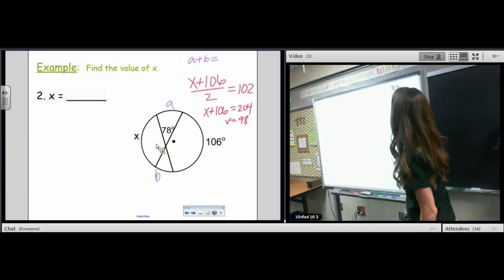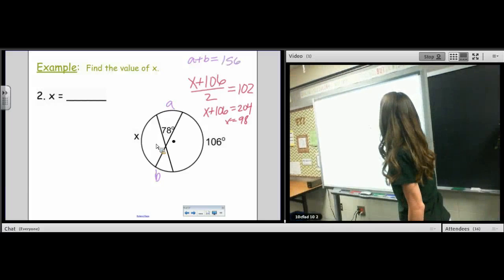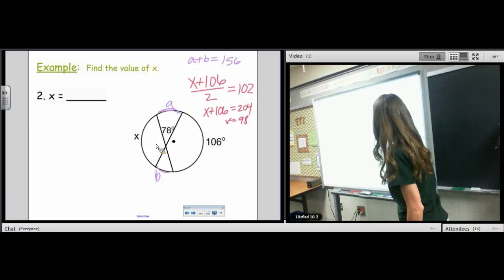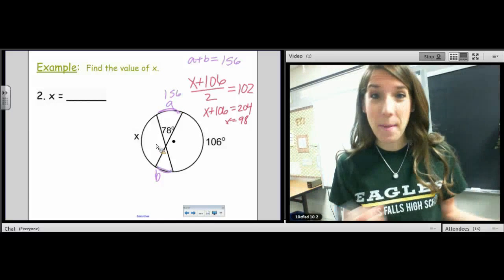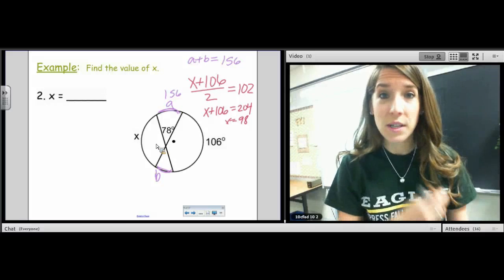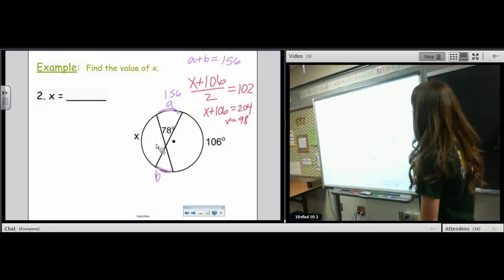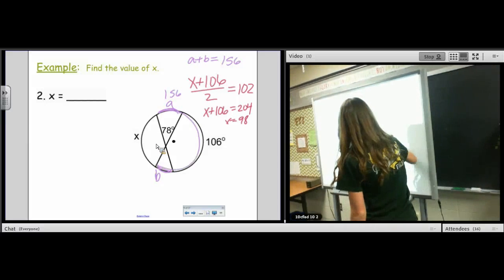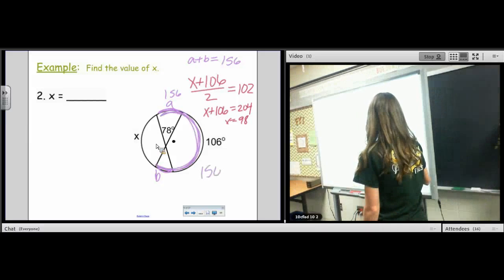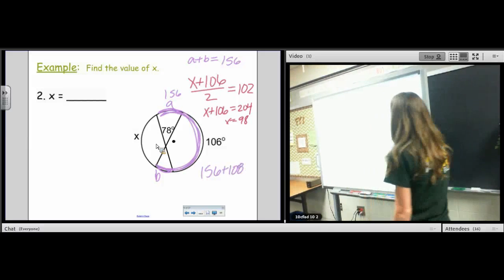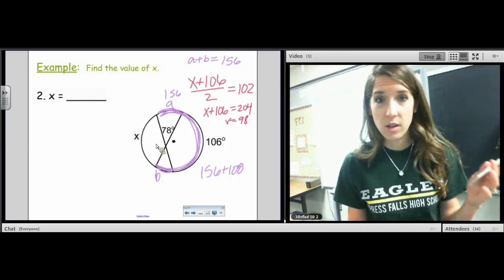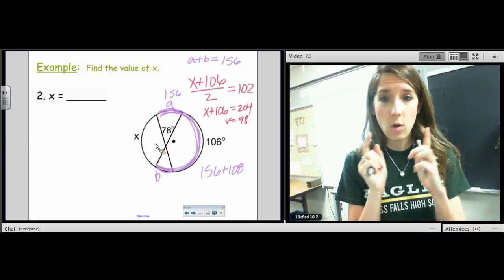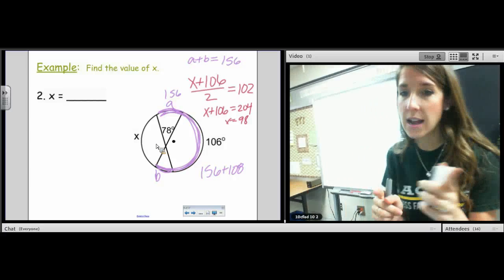I don't know what A is, and I don't know what B is, but I know together that this plus this equals 156, because when you add them and divide by 2, you get 78. So the way I did it was I know that they equal 156, so I found this arc, 156 plus 108, and I subtracted that arc from 360 to find X. Two good ways, only one answer, 98.